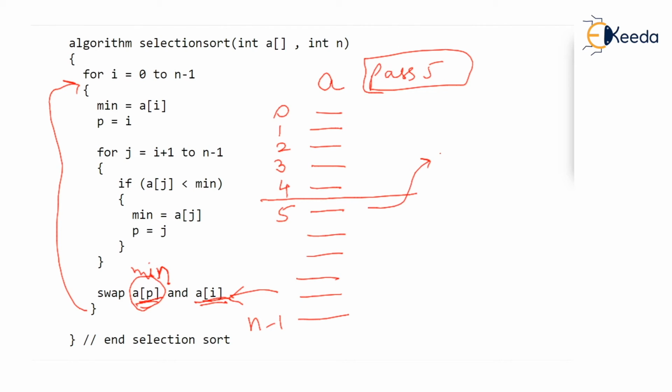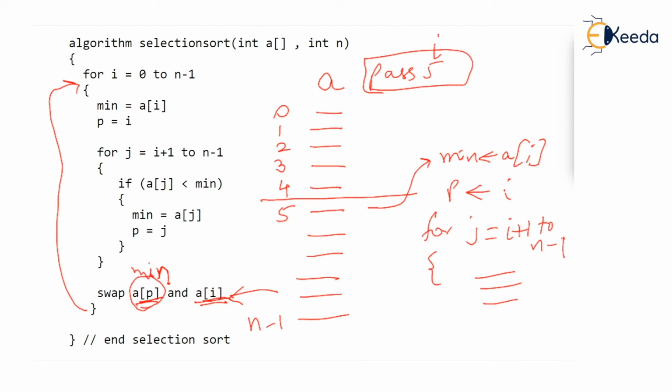That means min is going to be ai because i is 5 now. This is the fifth repetition, isn't it? And we will assume p is i, position is i, and then we will start j from i plus 1, and it goes on up to n minus 1. Correct? We will check if aj is less than min and all that, which is written over here.